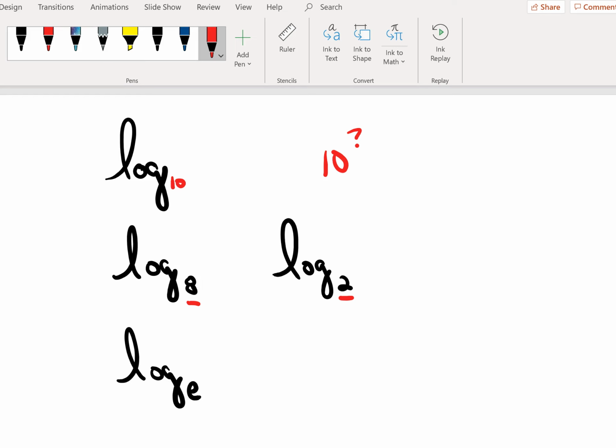And a very important logarithm that we see in the study of advanced physics is log base e. Now, e is a number that is approximately 2.718.